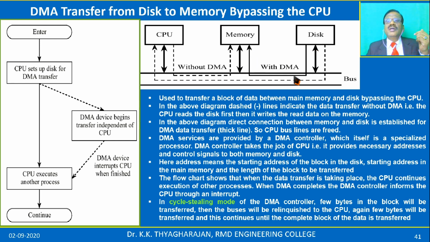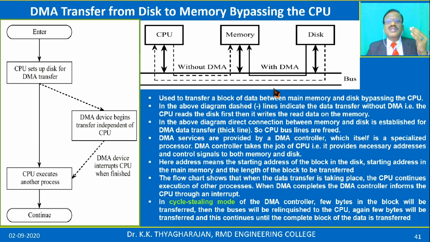In this method, the disk is transferring data to the memory, and it will use all the buses, data bus and address bus. So the CPU may not use those buses. But in another method called cycle stealing mode, the DMA controller will transfer only a few bytes when the CPU is not using the bus, because in each instruction the CPU will not be using some clock periods.